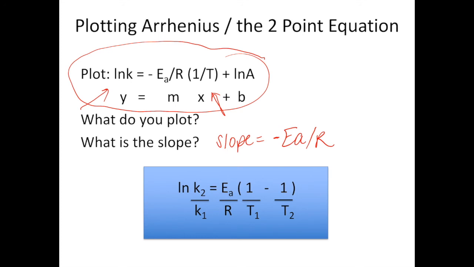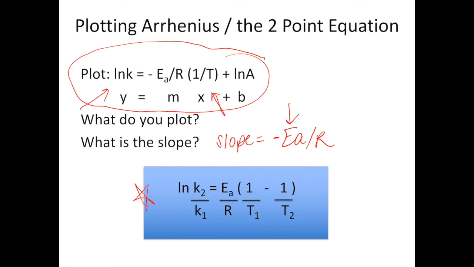The idea is that if you're given a slope of your linear regression, you should be able to solve for your activation energy barrier. One of our problems coming up, we're going to be given a slope and we just have to essentially multiply by negative R. And that will get us our activation energy barrier in joules.